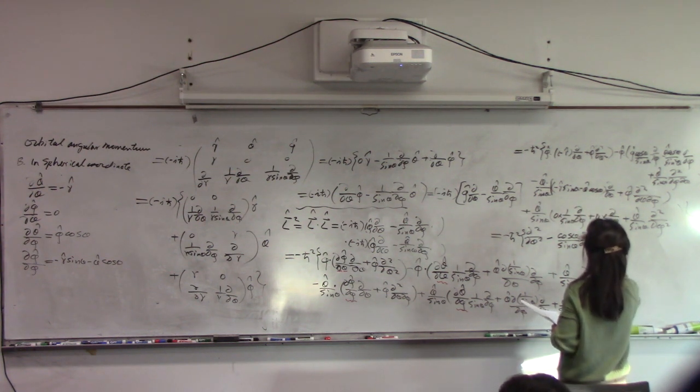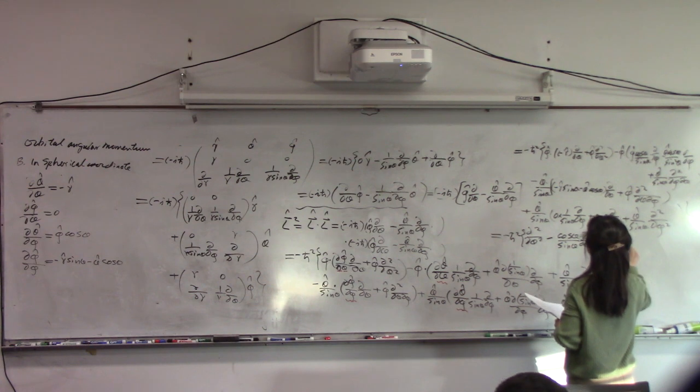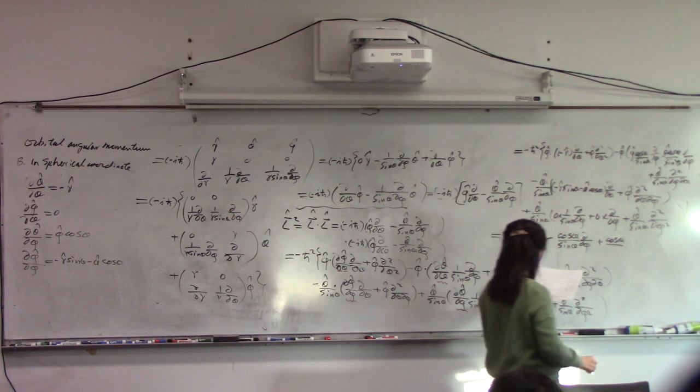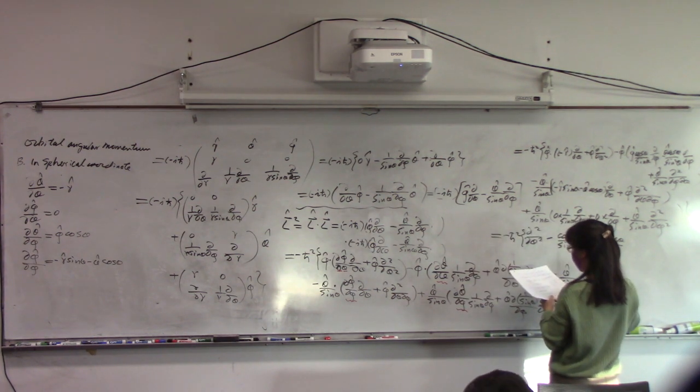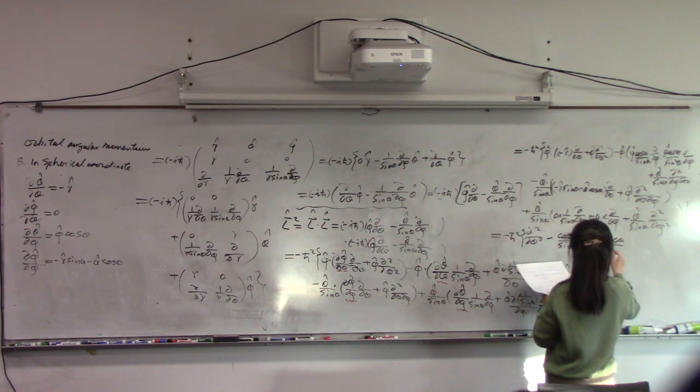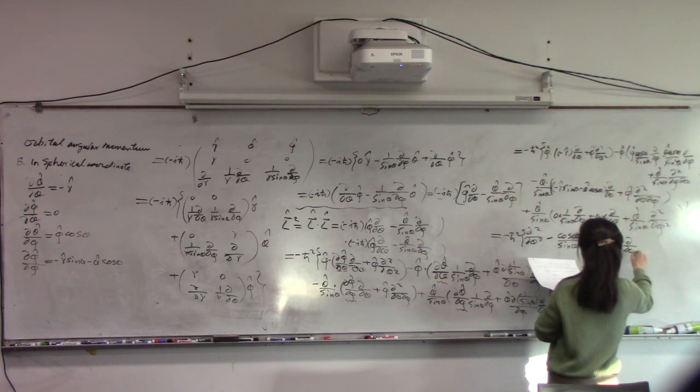Then we have a plus cosine theta, and the sine theta partial theta.